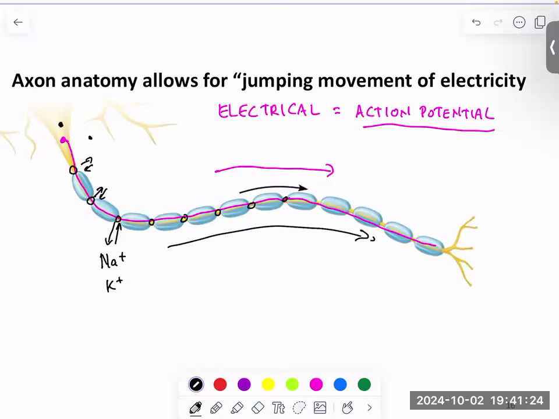It is an electrical signal, a change in electrical currents caused by the exchange of these two ions. So exchanging the ions is what's causing that action potential to move down the axon.